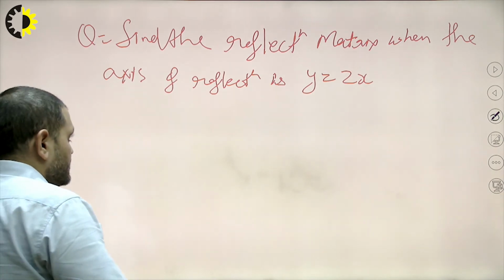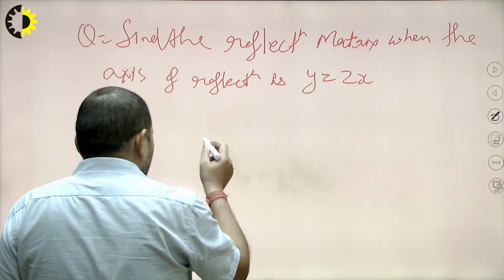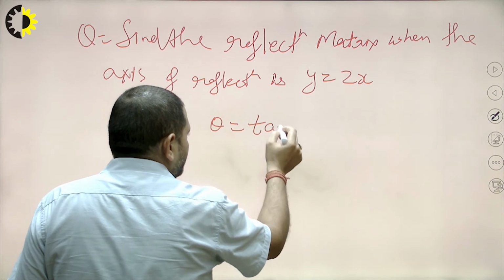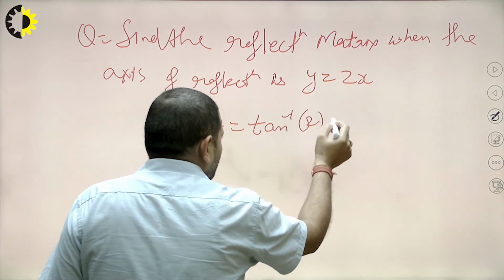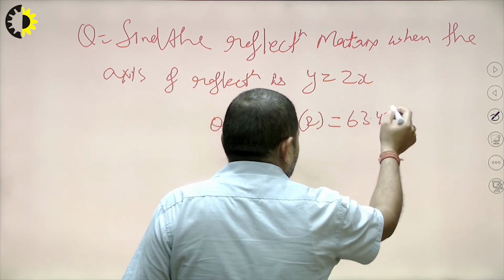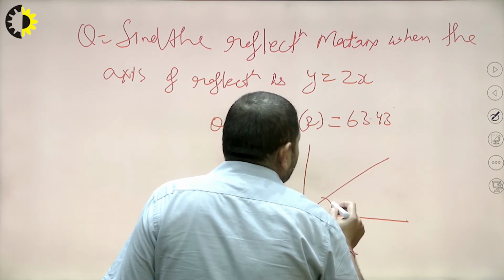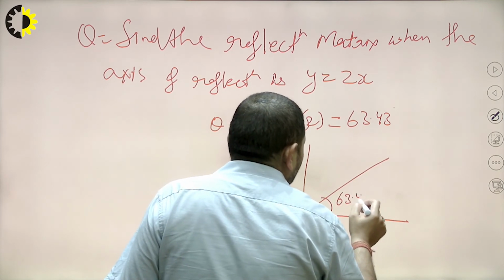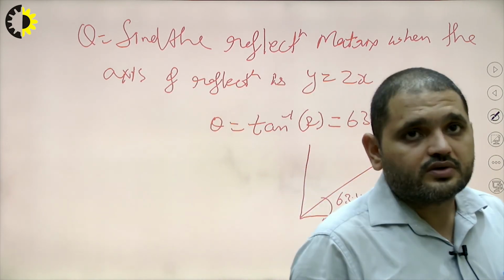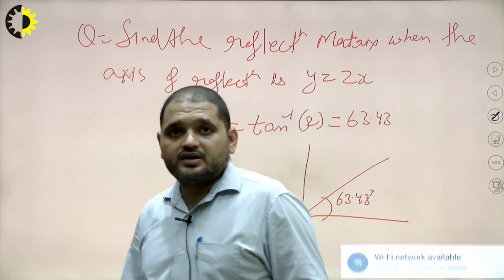From here I can find, for the line y equals to 2x, the angle theta is equal to tan inverse 2, which is 63.4 degrees. So the slope of the line gives theta as 63.4 degrees. Now we have learned to find the reflection matrix for the x-axis and y-axis only.